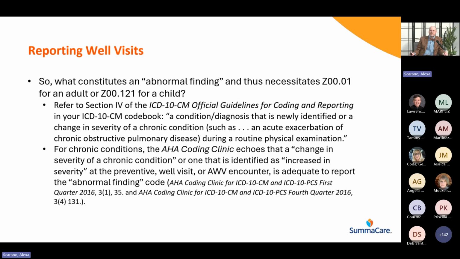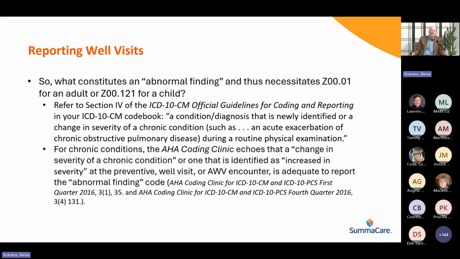The first is if you, provider, you, clinician, have the patient in for what is expected to be a routine preventive service, and during your exam, you find something new that isn't right. Say you're palpating lymph nodes here or here, and you find this enormous lymph node. It's new, and it's not right. It's abnormal. That's an abnormal finding.